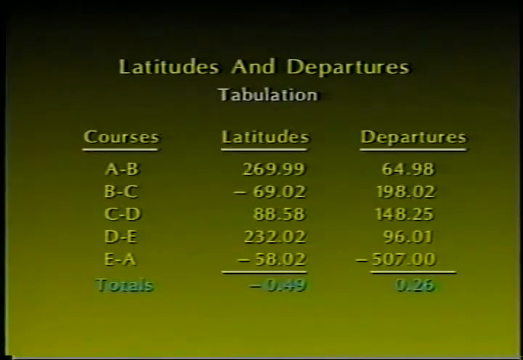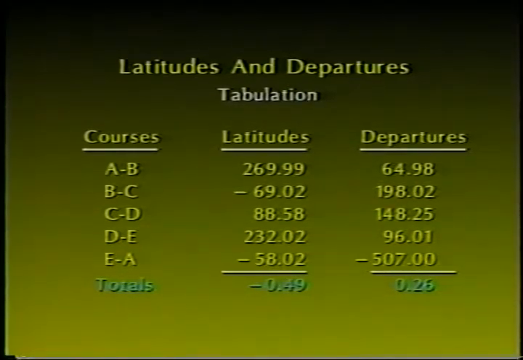A closed traverse survey begins and ends at the same point, forming a geometrical polygon. Therefore, when algebraically summarized, the latitudes and departures should cancel each other out, both sums algebraically totaling 0 for the traverse. This graphic shows a summary table for the traverse.